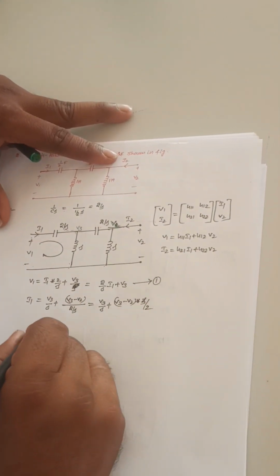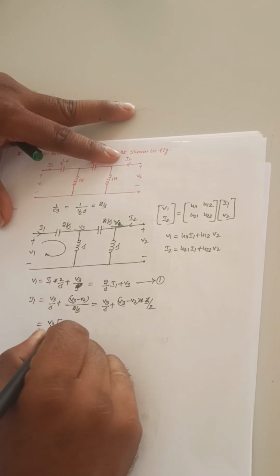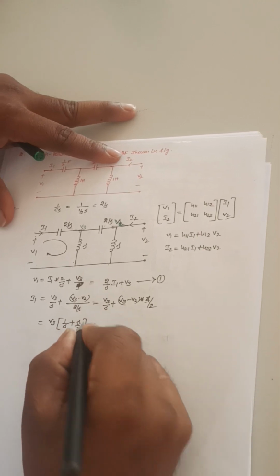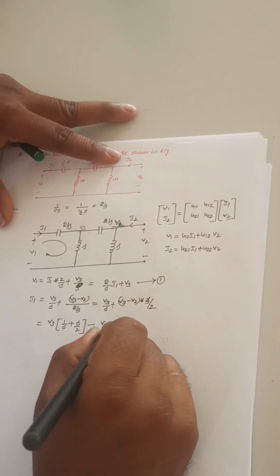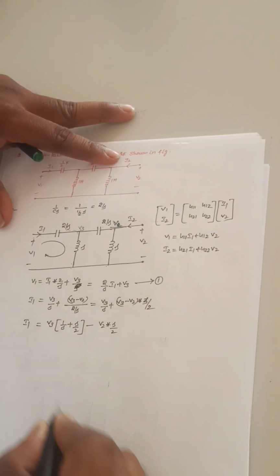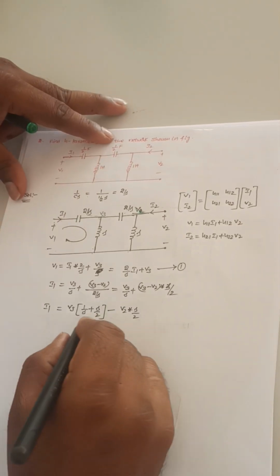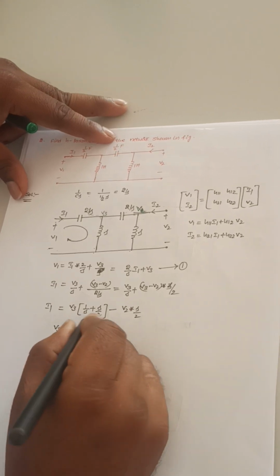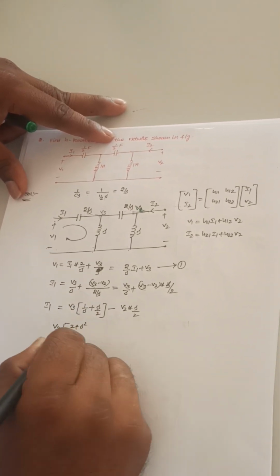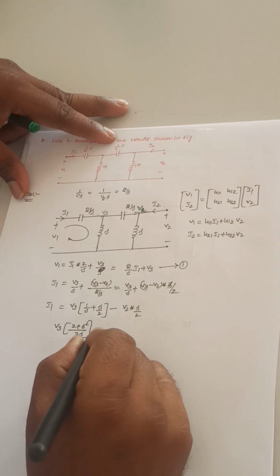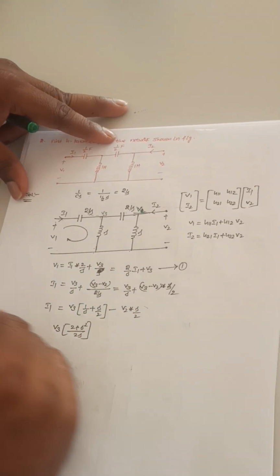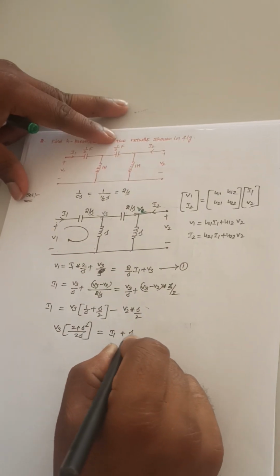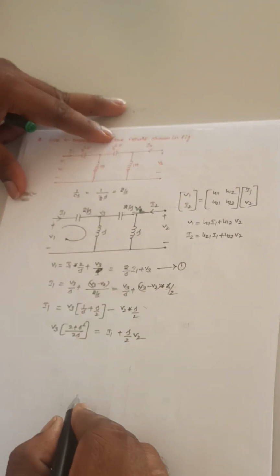If I take V3 common here, V3 into 1 by S plus S by 2, minus V2 into S by 2, that is equal to I1. Now V3 into 2 plus S square divided by 2S. If I bring this term to the left side of the equation, it will become I1 plus S by 2 into V2.